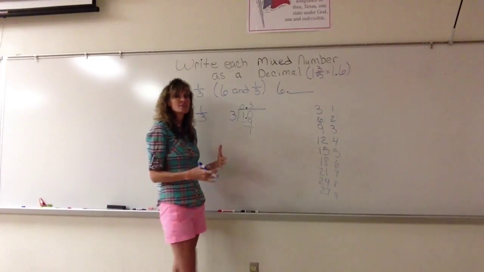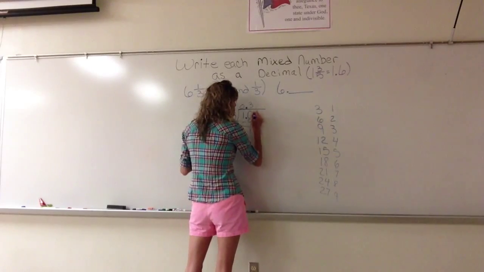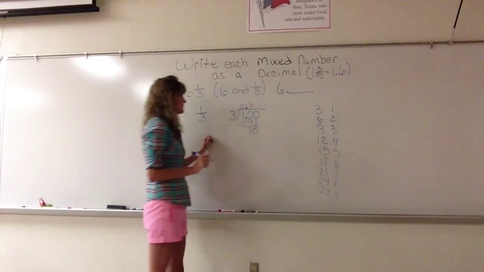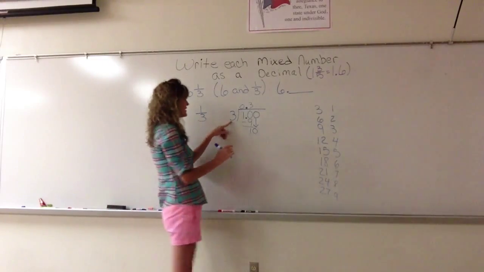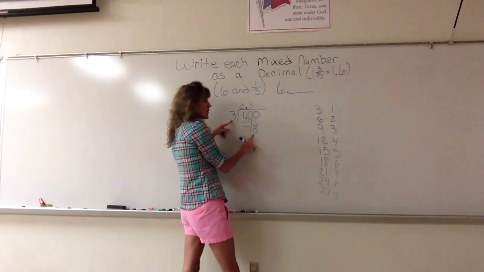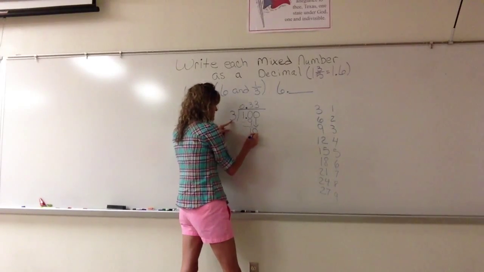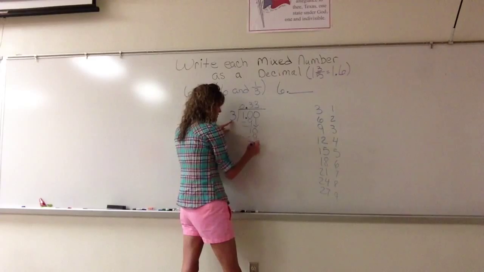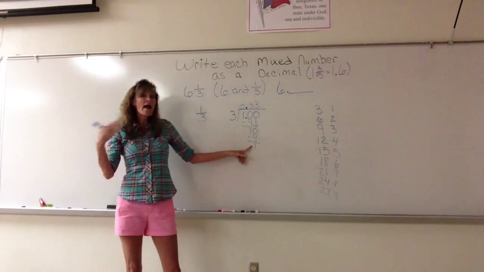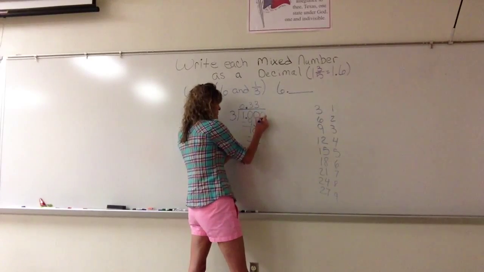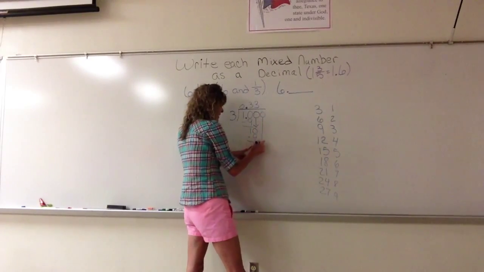So as long as I have something left over, I have to write the 0 and bring it down. Then I ask myself again, how many groups of 3 are there in 10? 3 groups of 3. 3 times 3 is 9, with 1 left over. I'm going to add a 0 and bring it down.